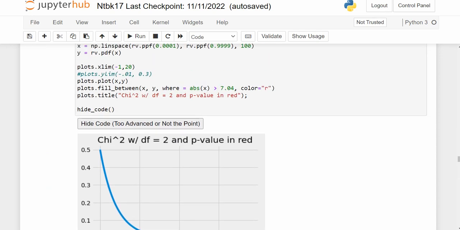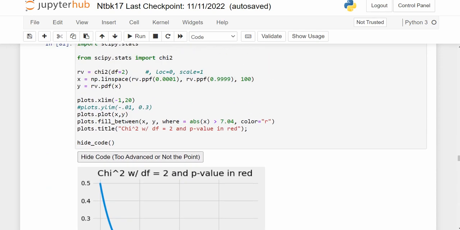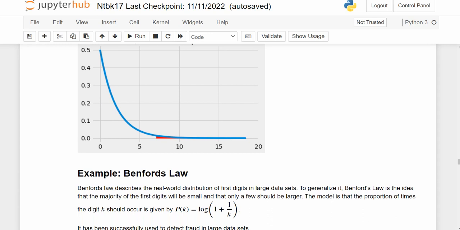So they actually are showing the p-value is the area in red there, the part underneath the curve that we shade. And in the chi-squared, there's no less than or greater than.